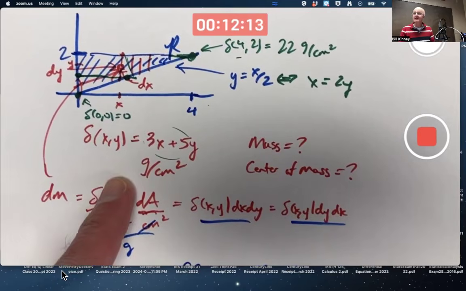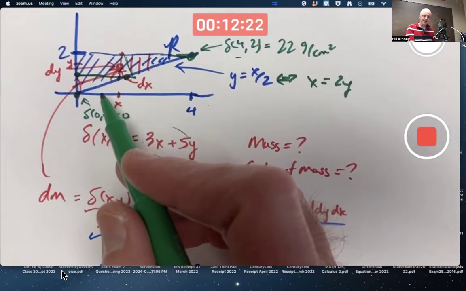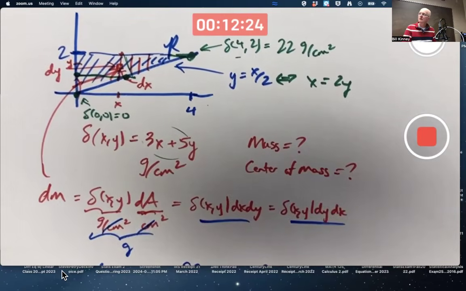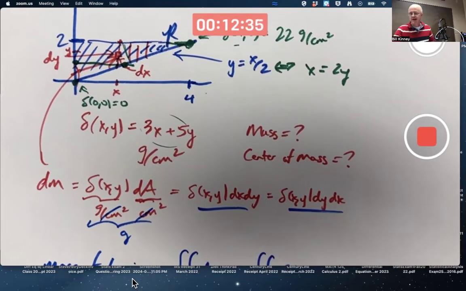If you took that average density times the area of the triangle, you get the mass. Area of a triangle is 1/2 base times height. The base is 4, the height's 2, the area is 4. Should expect a mass of somewhere in the ballpark of 11 times 4, 44. Not necessarily exactly 44.